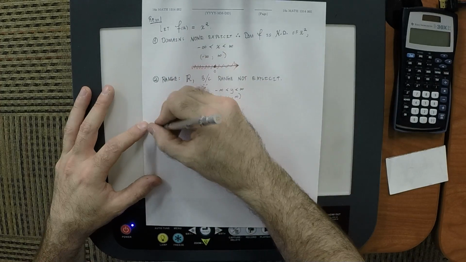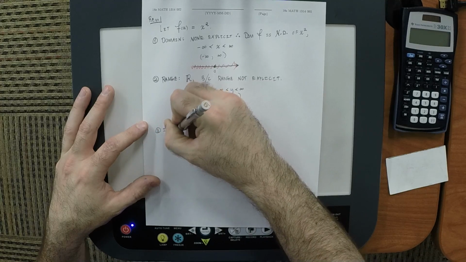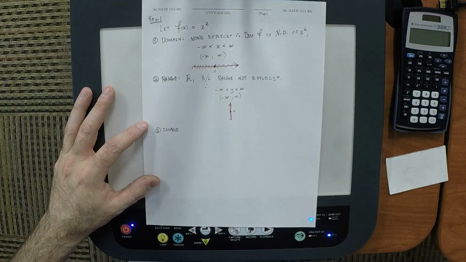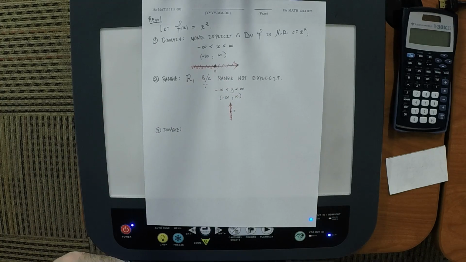Okay, 3, the image. Okay, so we'll consider it, again, both ways.